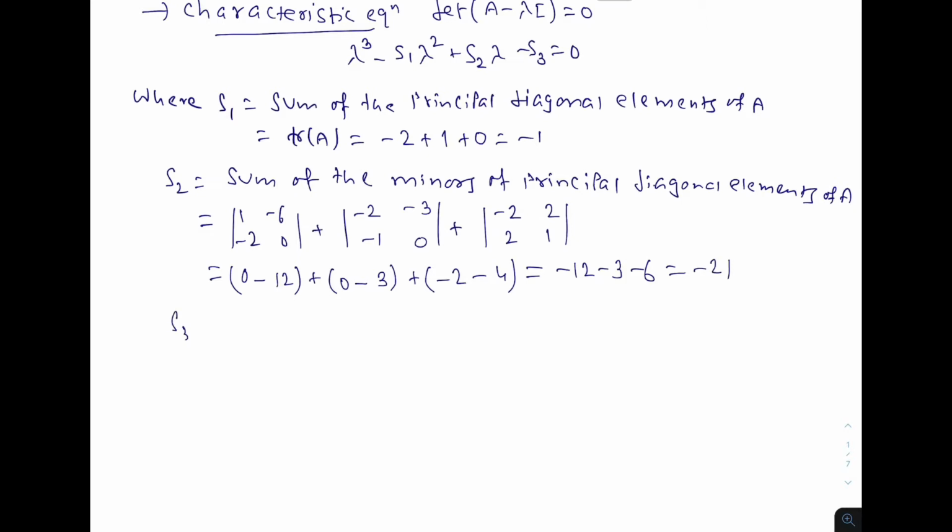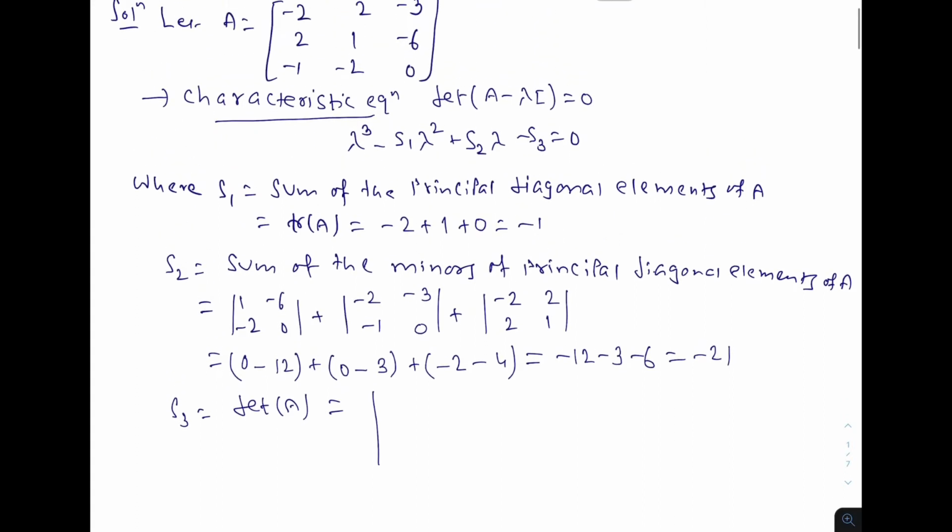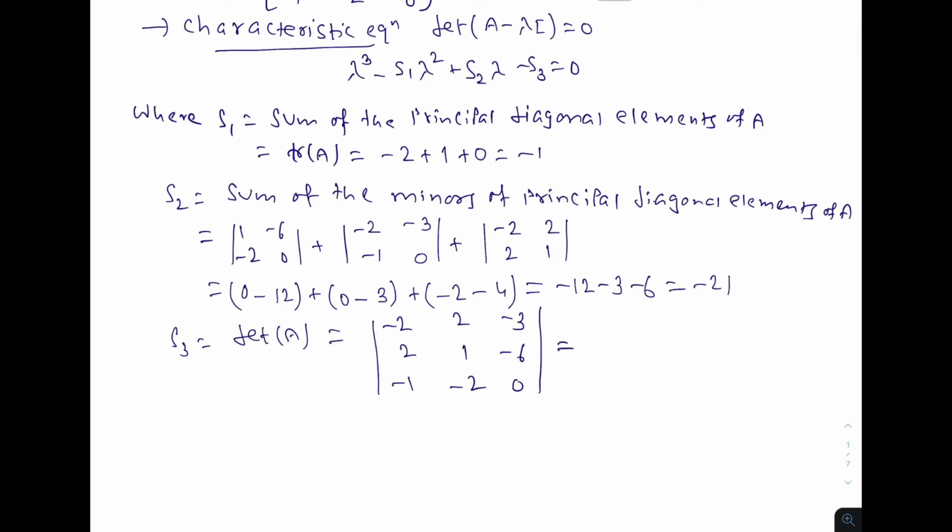Now what is S3? S3 is the determinant of A, that is the determinant of -2, 2, -3, 2, 1, -6, -1, -2 and 0. The value of this determinant we can easily evaluate. This is -2 into these four elements: 1 into 0 minus 12, that is 0 minus 12.